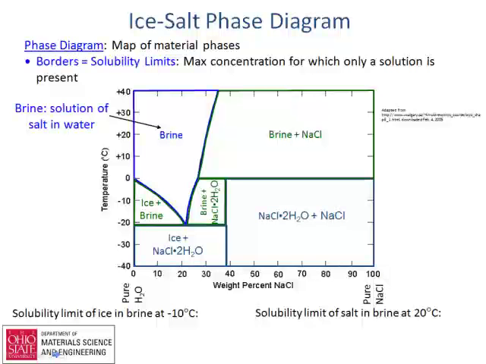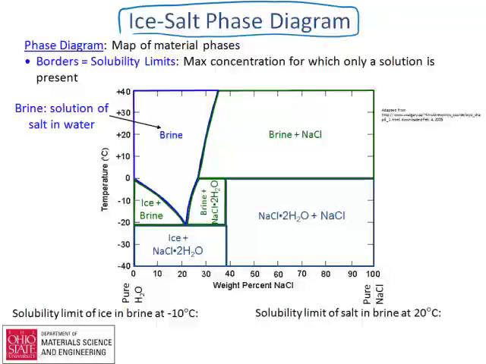Okay, so let's consider a really simple system, one that indeed you could easily study in your classroom or your kitchen or outside on the road on a winter day. This is the ice-salt system. For almost any two-component system, we can develop a phase diagram.